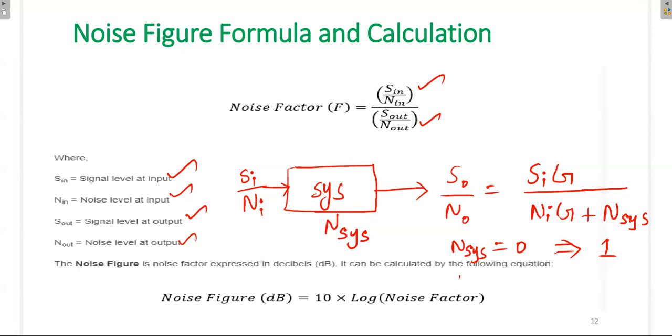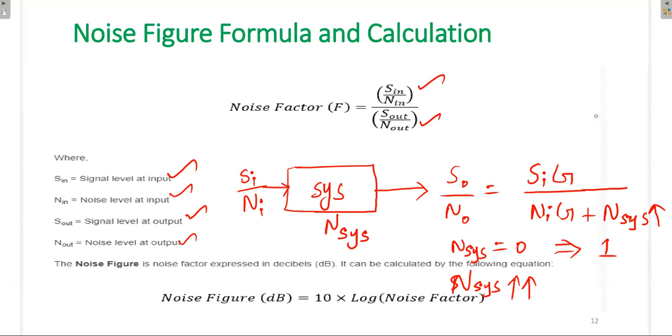Then what happens if you increase N system? That means the noise added by the system increases. If the noise added by the system increases, what is the problem? The denominator increases, so definitely SO by NO will decrease.